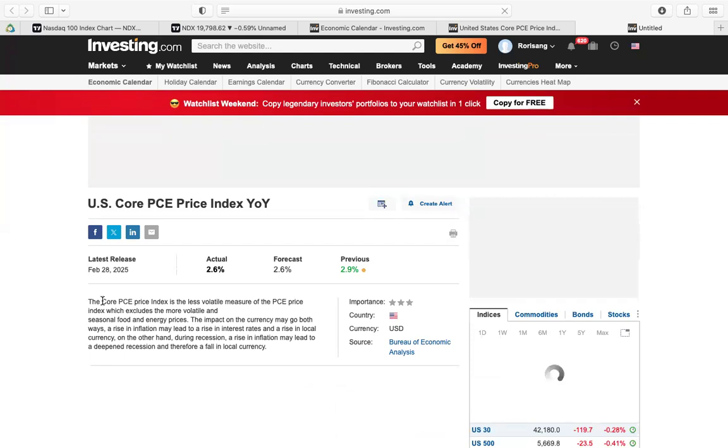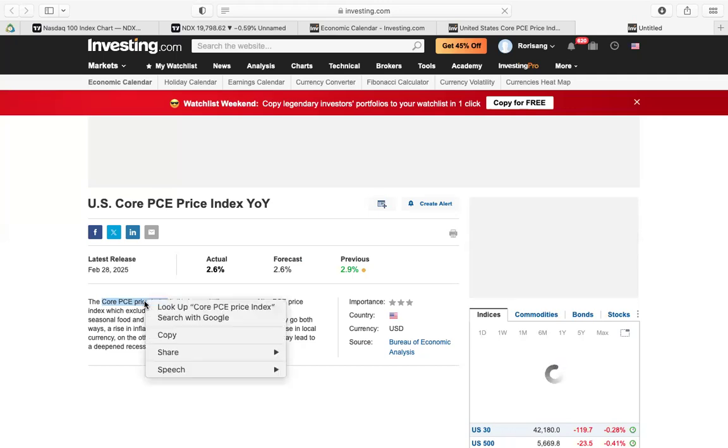Let's dwell more on this event, because this is very interesting: they never specified what happens when this is bigger than this. So let's try to find out what this is. It's called the CPI index.